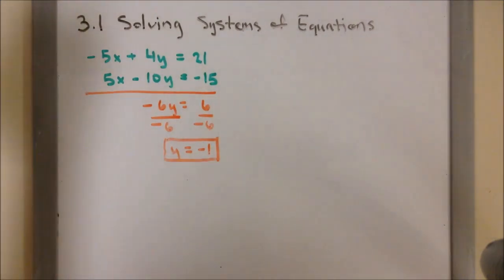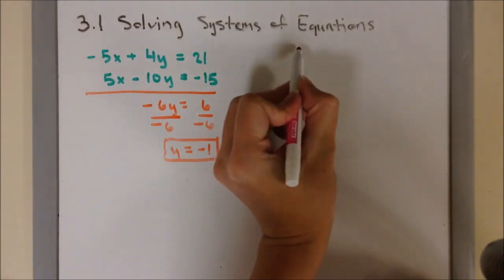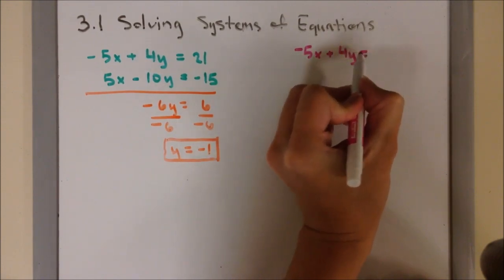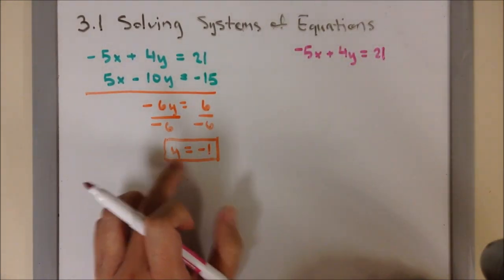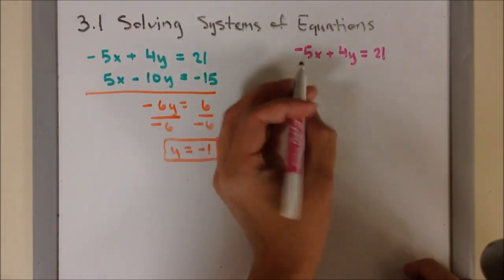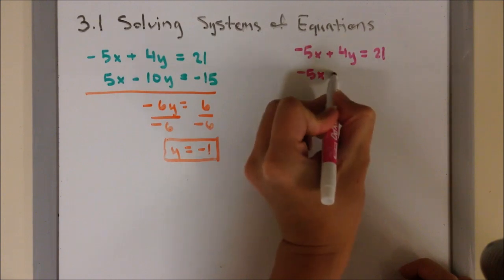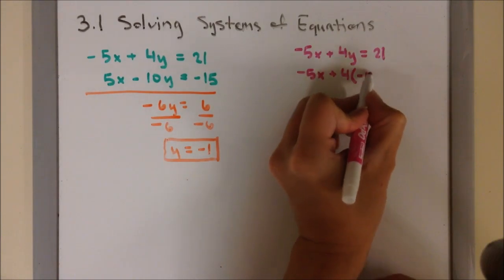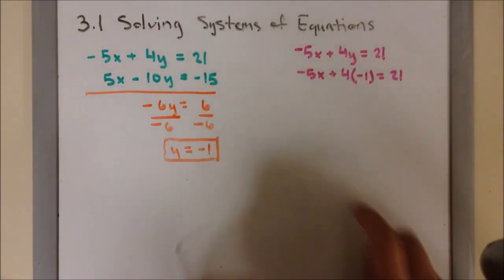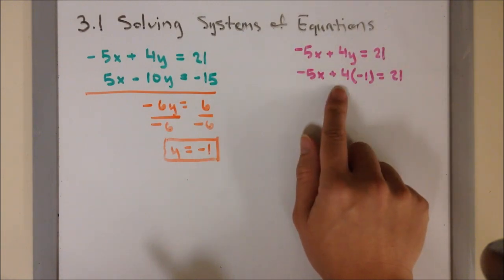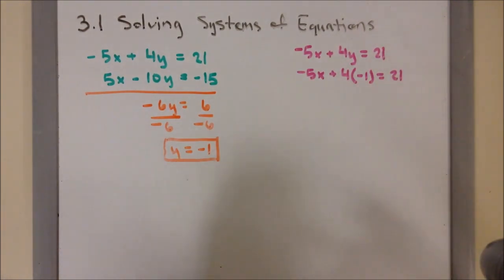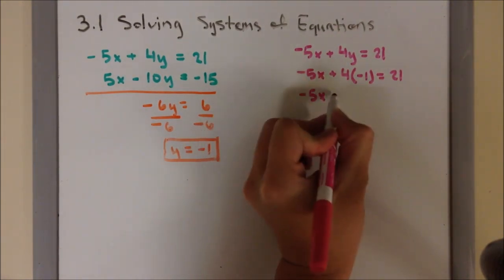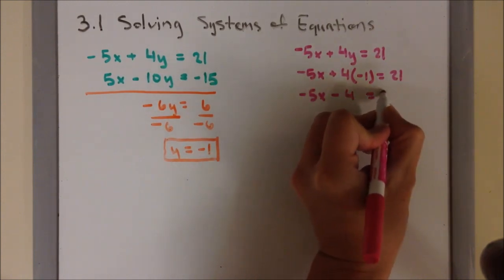So let's say I'm going to do the first equation. I'm going to plug in the y value, which is negative 1, into here. So again, I'm switching out y with the value of it, which is negative 1, with the parenthesis. So it's negative 5x plus 4 times negative 1 equals 21. So I'm going to simplify 4 times negative 1. So negative 5x minus 4 equals 21.